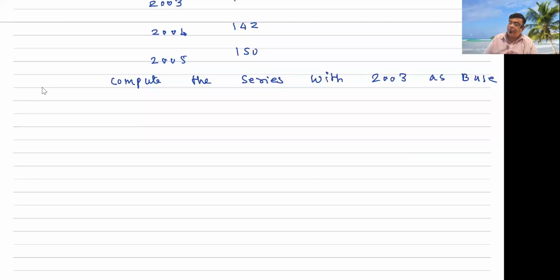Tell me, I have now to consider what? I have now to find what B. B is B over A into A. This is the new index in the current year.